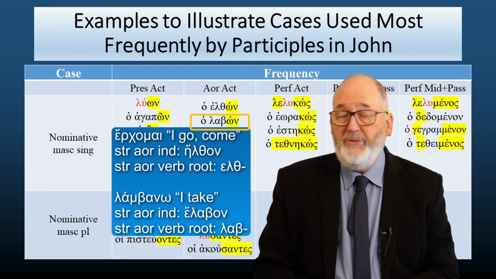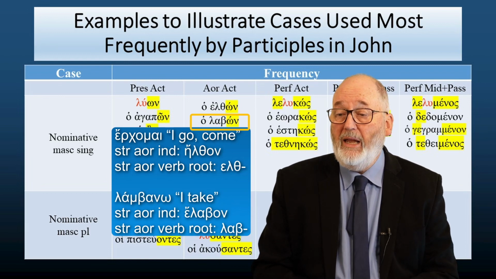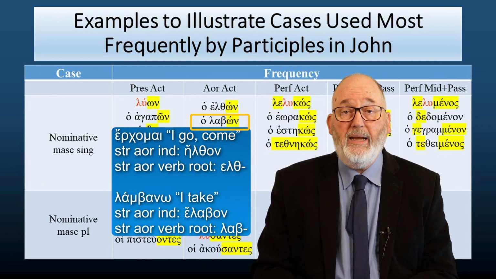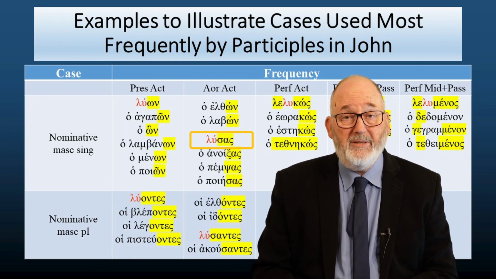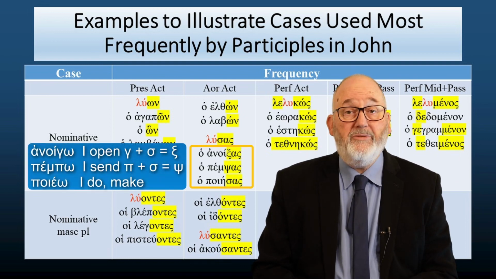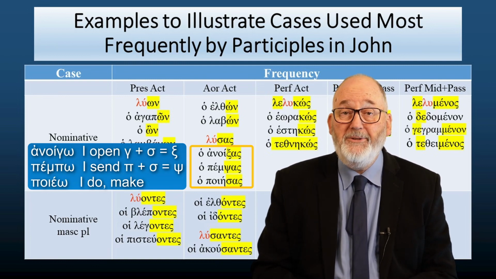Those are both strong aorists, and you'll see they've used the aorist stems elth- and lab- and added the ōn ending on it. And for the weak aorist, the pattern word is lūsas. So we have anoixas from anoigō, the one who opens, because anoigō means I open. Ho pempsas, the one who sends, pempō, I send.